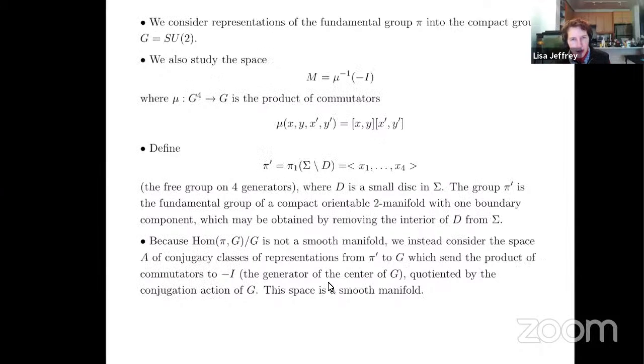We should note that Hom(π, G) is actually a Poisson manifold, and the quotient, in fact, in this case, the space that we will study is in fact a smooth manifold, and it's symplectic.